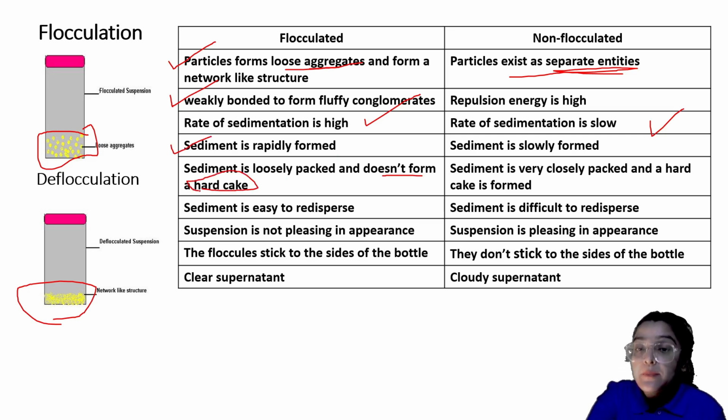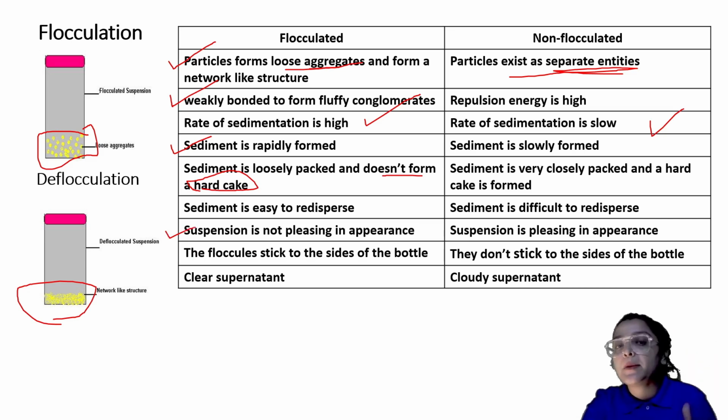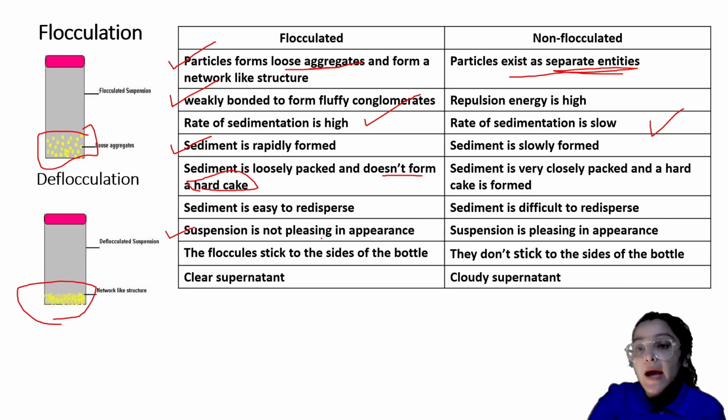Upon shaking they can be easily redispersed, but obviously the formation of flocks will cause the organoleptic properties to dwindle a bit, because they will not look as good as the non-flocculated ones. They are not pleasing in appearance, and floccules tend to stick on the side of the bottle and a clear supernatant is formed.